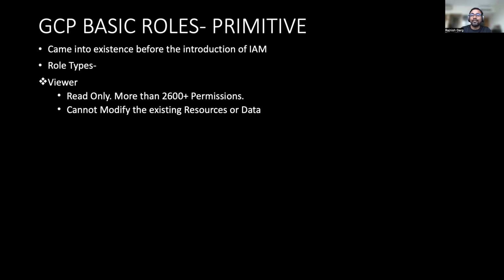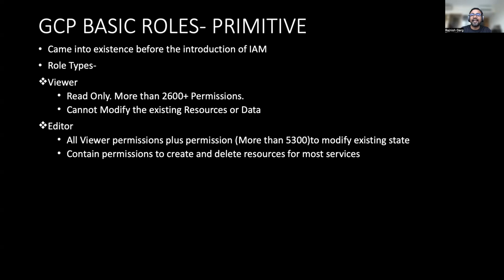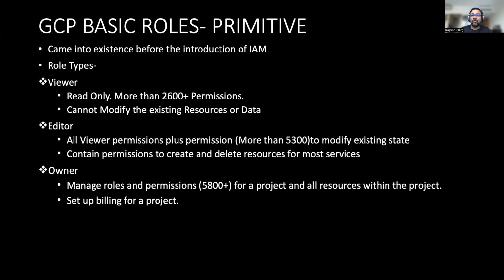It's way more than any reader role should have. The second role is called editor. As the name suggests, it can help you modify the existing state and create and delete resources for most of the GCP services. And this specific role has more than 5,300 permissions.